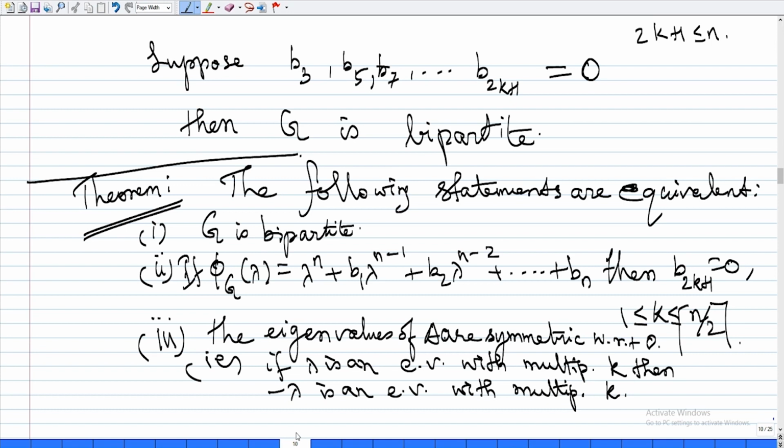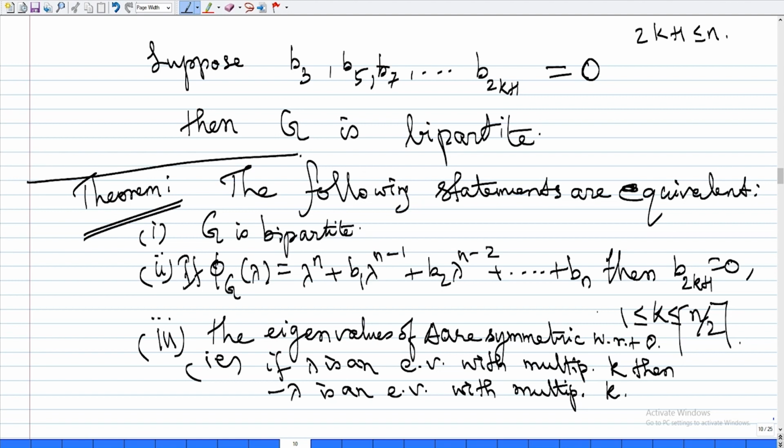So we have already seen 1 implies 3. If G is bipartite, we have seen how the eigenvalues are going to be present in the graph. And we have also seen that 2 implies 1: if your odd b 2k plus 1 is 0, then there is no odd cycle, which means G is bipartite.